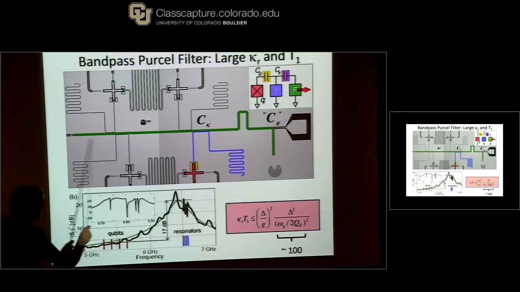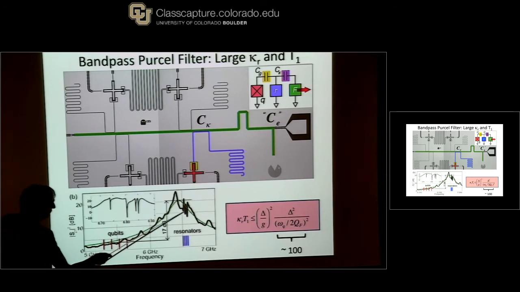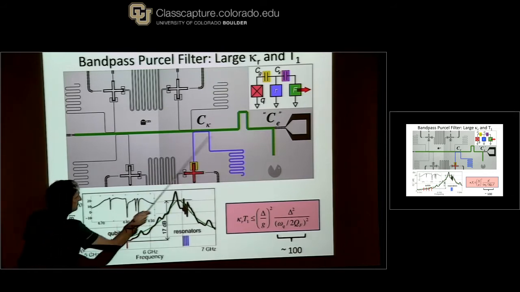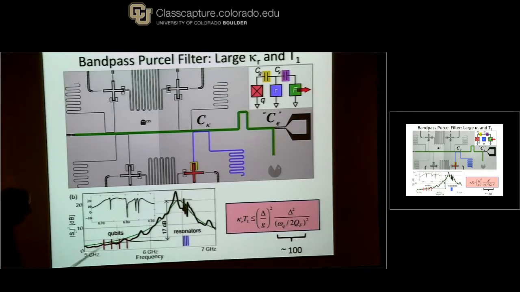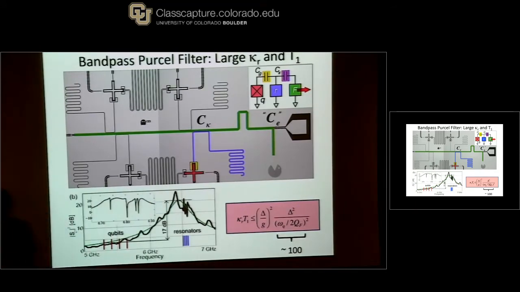And in fact, when we look at the transmission of power through here, we can see this general response here in the green line having to do with this filter right here. And this filter is set up at the resonators so that we can measure them very effectively. But then by the time we get to the qubit frequency about a gigahertz away, that filter is isolating the qubits from the measurement circuits further, and then the qubits don't get degraded. So you get about an extra factor of 100 better performance by putting in a second filter that further isolates the qubits.